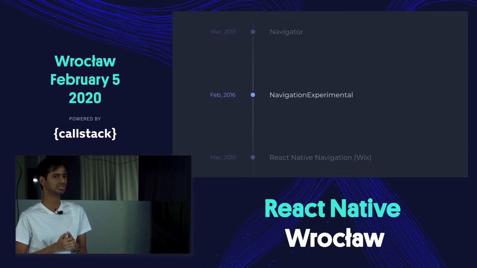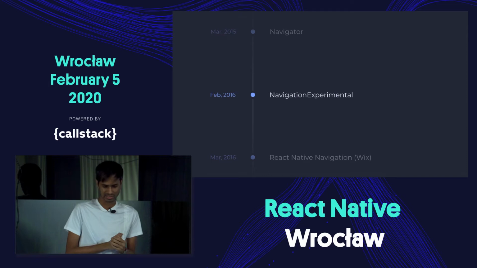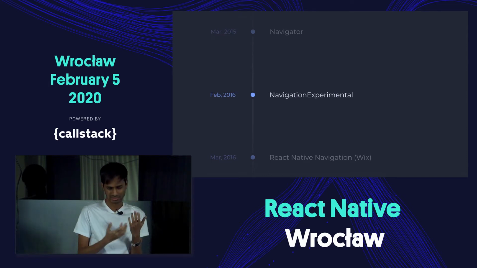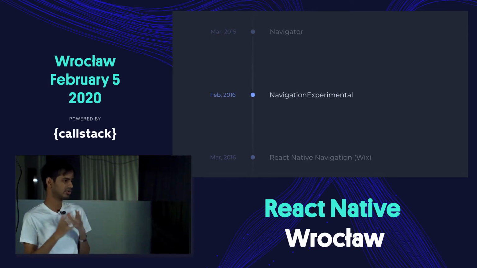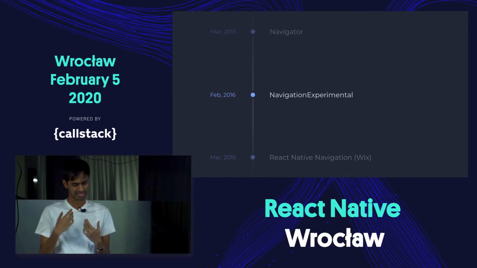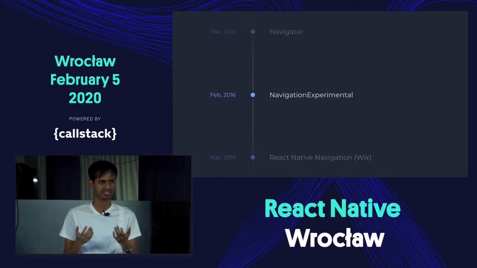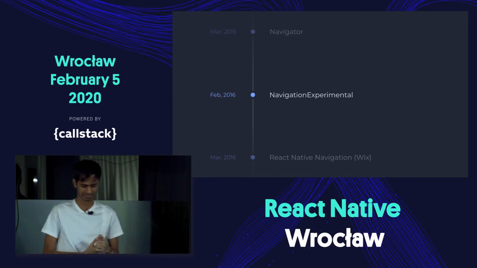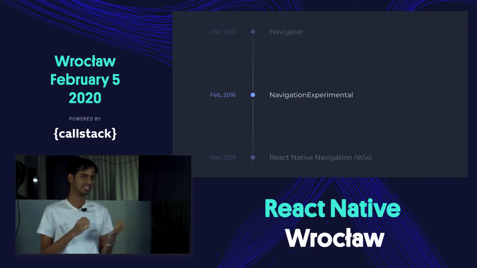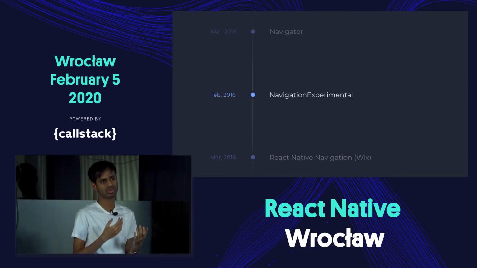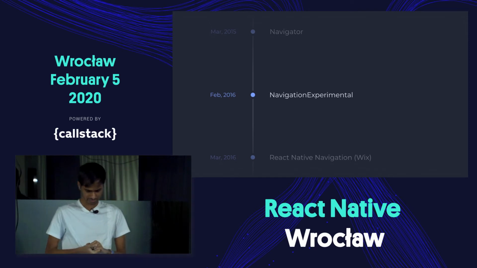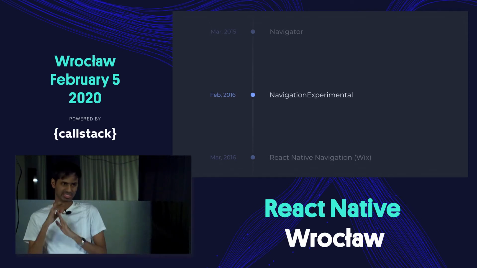So next one, we have a new animation library. Since Navigator had all these limitations, there was a rewrite of the navigation library called Navigation Experimental. This was built by Eric Vicente, who used to work at Facebook at that time. So this was a very low level navigation library.